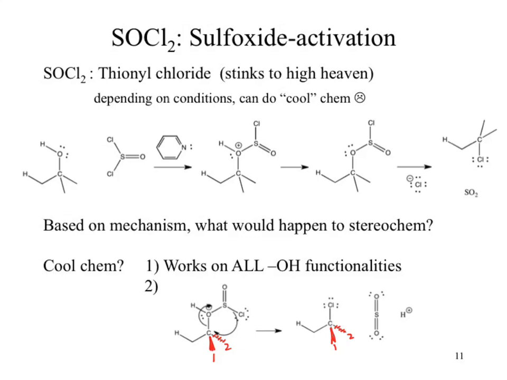Thionyl chloride is very interesting in the respect that if we choose our conditions very carefully, we can get a retention in the stereochemistry, which is really, really cool. None of our reactions actually allow for that. That one balance has to do with pyridine. If you see pyridine, that structure up at the top with our nitrogen, also abbreviated as PYR or sometimes even PY, we see inversion of stereochemistry.